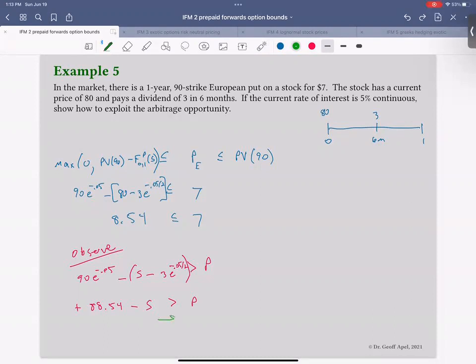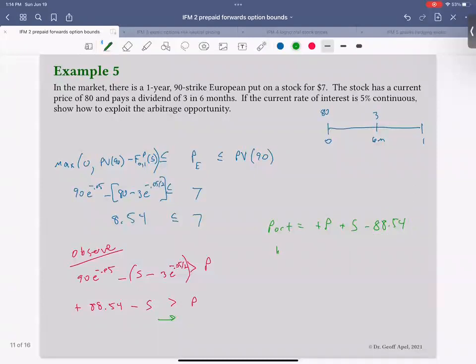I'll do portfolio because it gets us there quicker. I'm going to move everything to the less than side, and that's going to be my portfolio: plus P plus S minus 88.54. So I would purchase the put and stock, and then borrow 88.54 to do it.